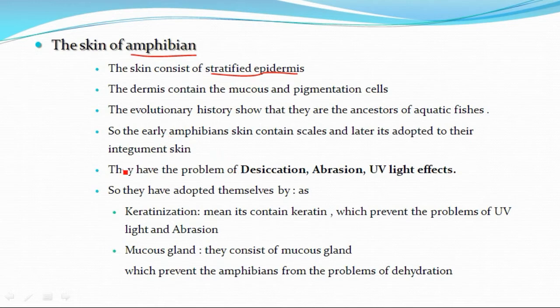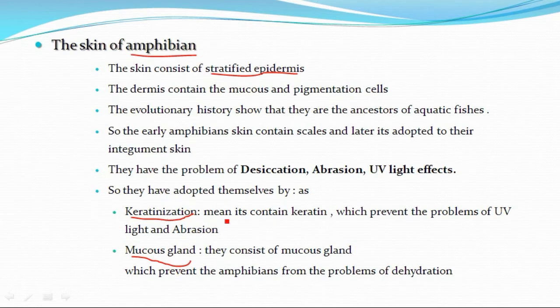When they came out from the water, they faced the problem of desiccation, dehydration, and ultraviolet effect, because they were not adapted. So adaptations occurred in amphibians due to keratinization, meaning that keratinization and mucus glands came into the skin of the amphibian.